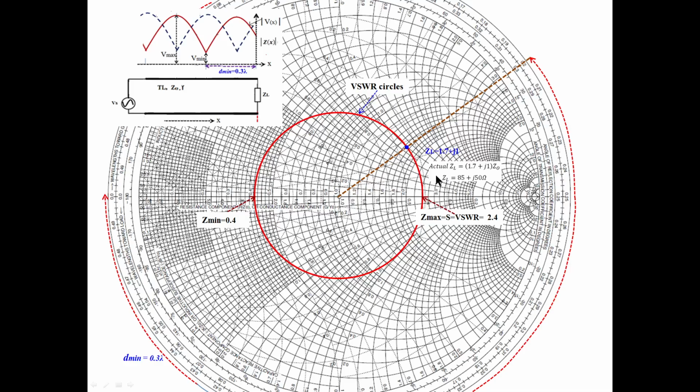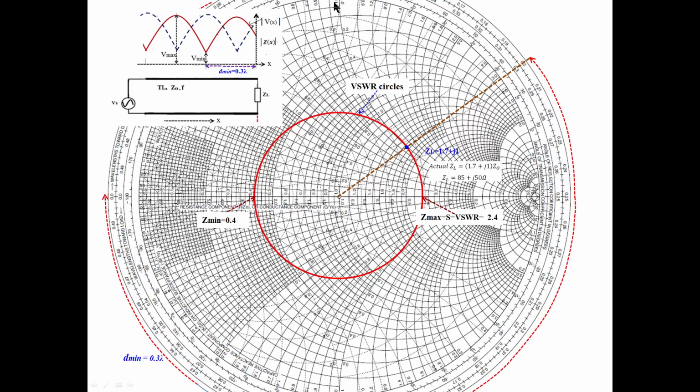What is the reactance value? Here, this is a reactance circle, and this reactance circle is passing. That is equal to 1 here.